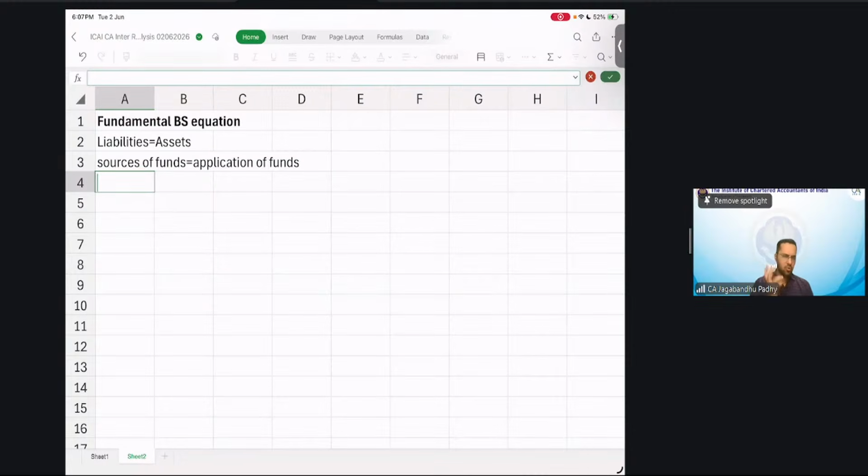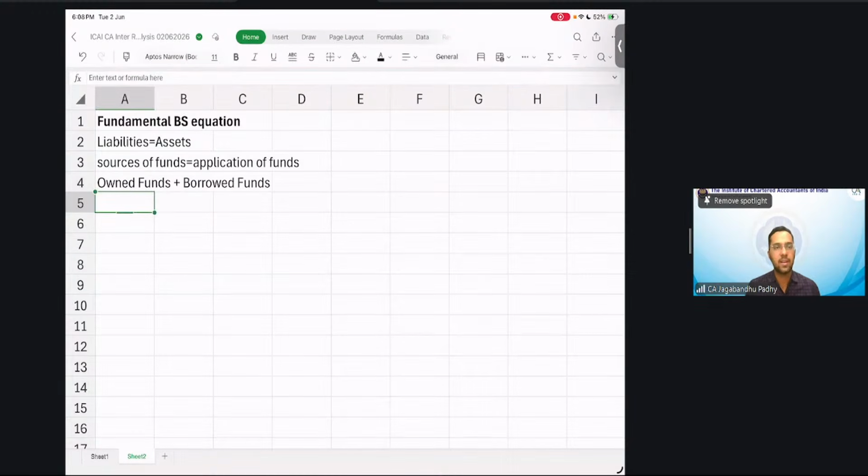Not short term, I'm not calling it a source of funds. Sources of funds can be either owned funds plus borrowed funds. The sources of funds will comprise owned funds and borrowed funds.